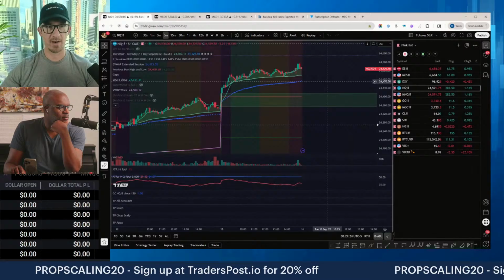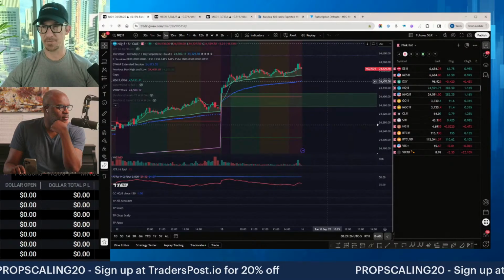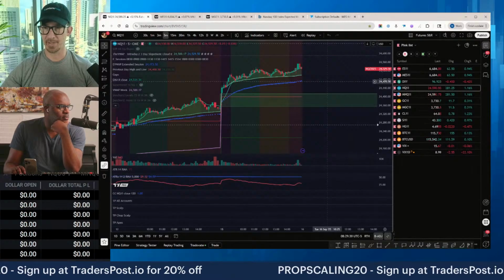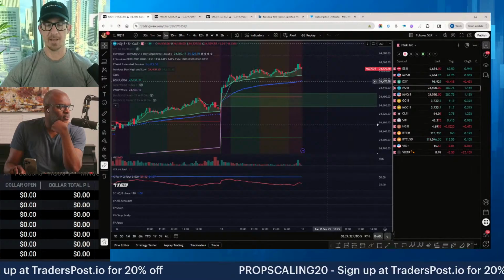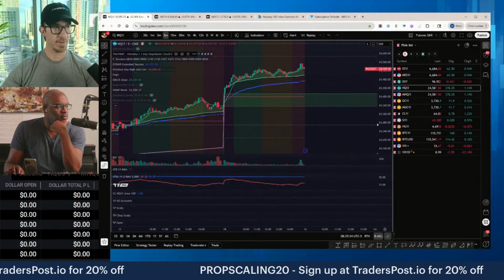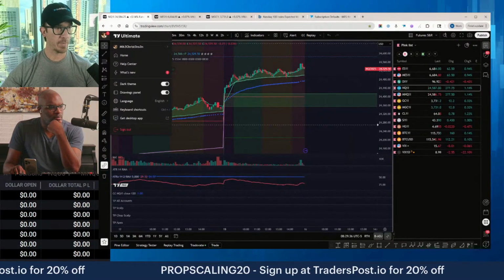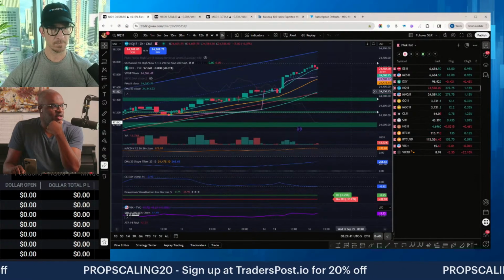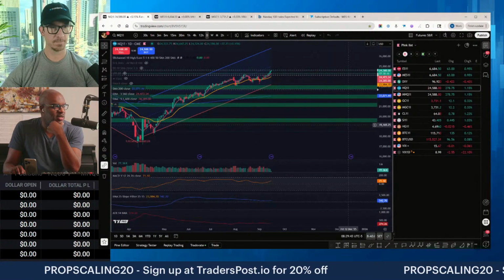That's similar to how Project X works. If you've seen that with Project X, the risk settings are actually based on your P&L risk. And we want to offer the same feature there. So that's something we're working on in the background. Hopefully that's coming soon. All right, market's going to be opening in 20 seconds.